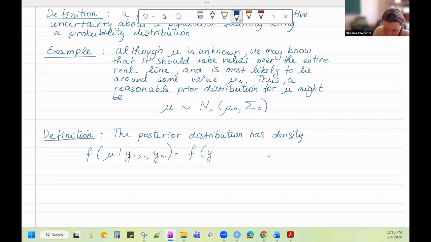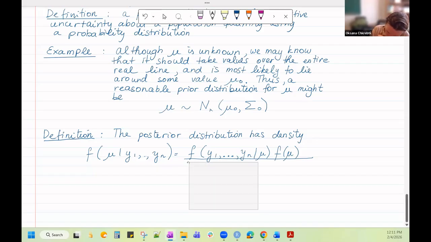And you can expand this conditional PDF here as a ratio of the product of the likelihood, the joint PDF of the data, and the PDF of the prior distribution.